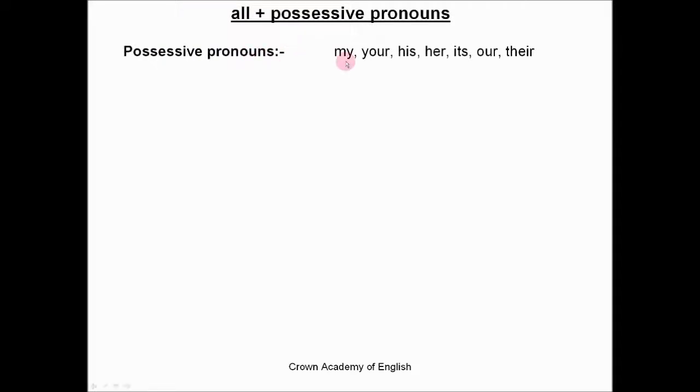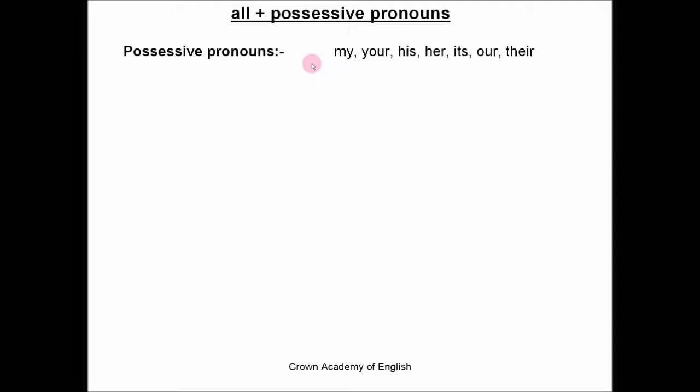The possessive pronouns are words like my, your, his, her, its, our, and their. These possessive pronouns are used to indicate possession, that somebody owns something. And if we want to use one of these words in our sentence, then we must only use the word all. We cannot use the word every.